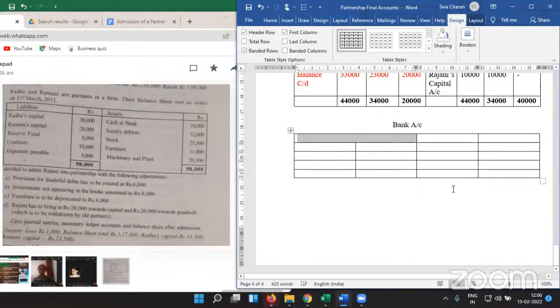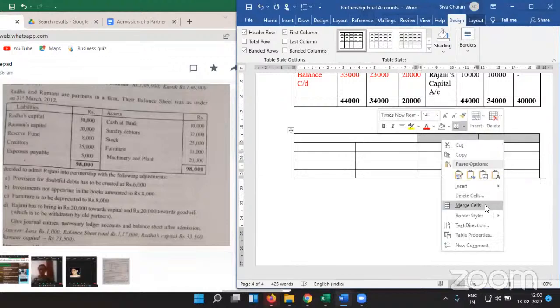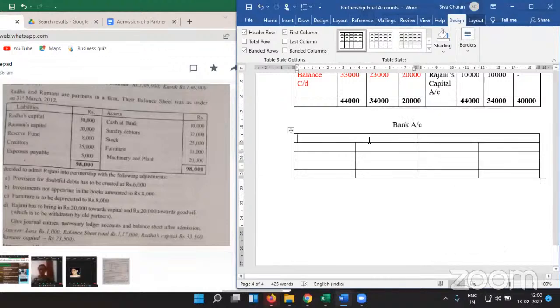Others, please complete if you have knowledge. This left hand side is debit, right hand side is credit. Now the bank account shows an asset, so it shows a debit balance.